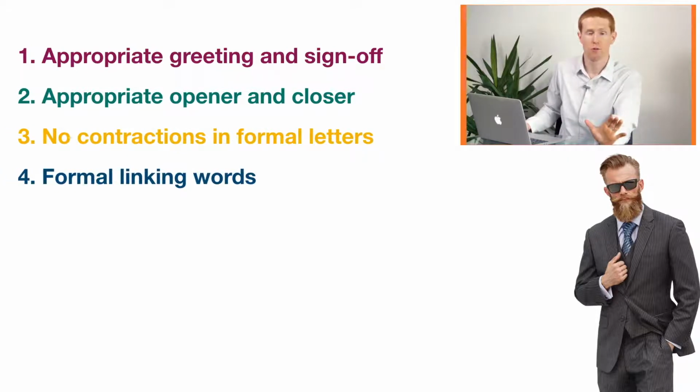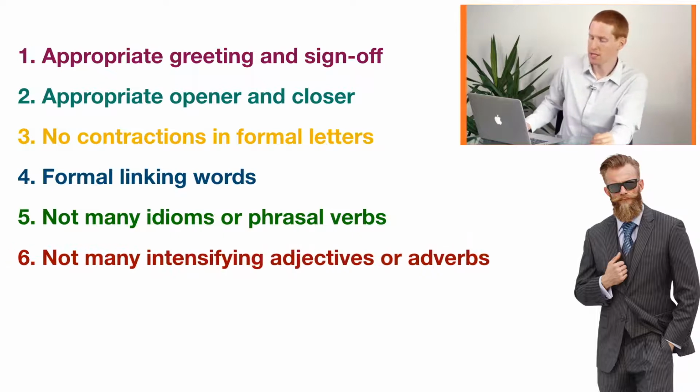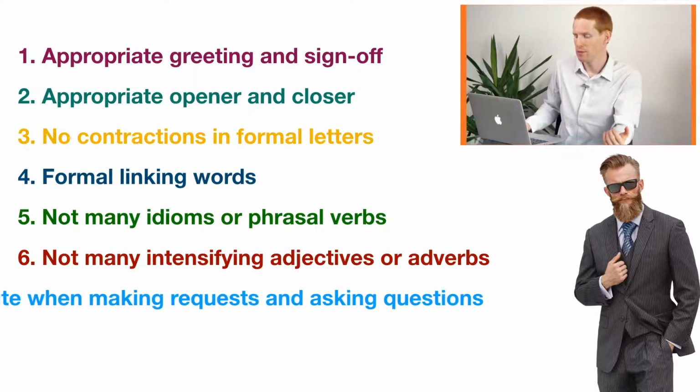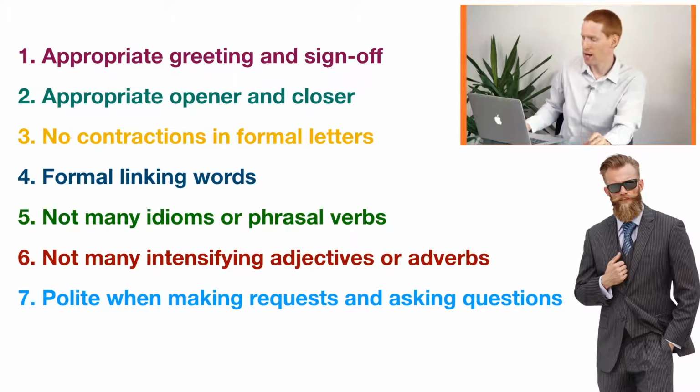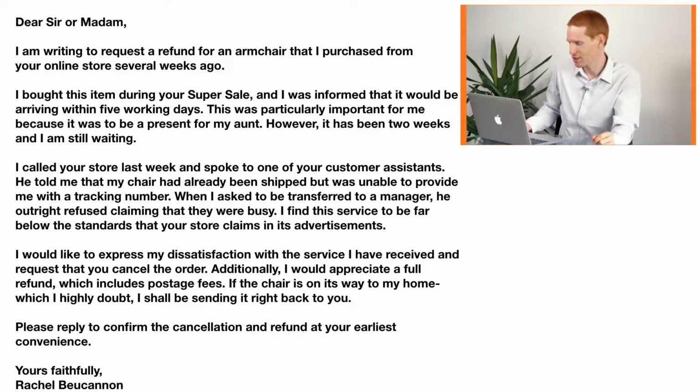Number 4, formal linking words. Number 5, not many idioms or phrasal verbs. Number 6, not many intensifying adjectives or adverbs. Number 7, polite when making requests and asking questions. And number 8, no exclamation marks. Okay, so let's see how our letter does.